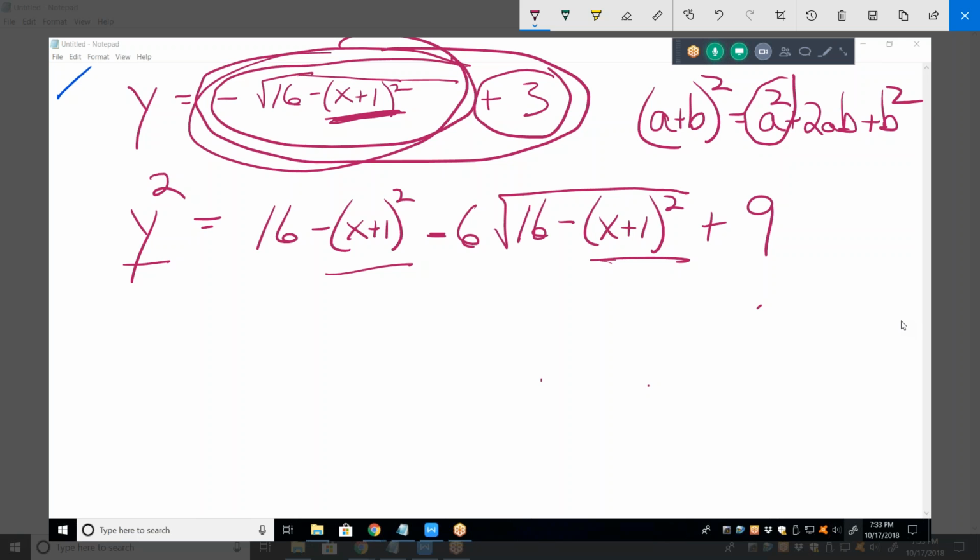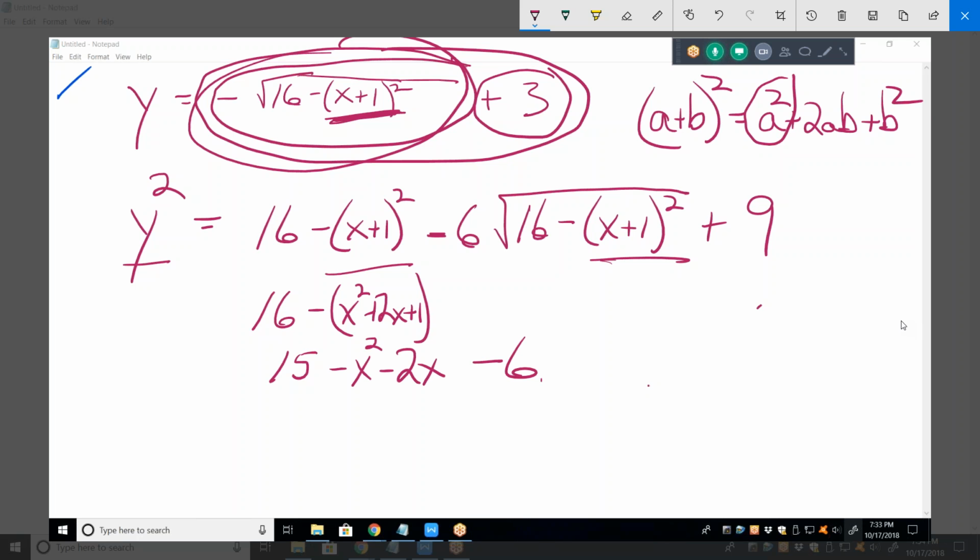If we expand this just a little bit, we get this: 16 minus the quantity x squared plus 2x plus 1, which becomes 15 minus x squared minus 2x.